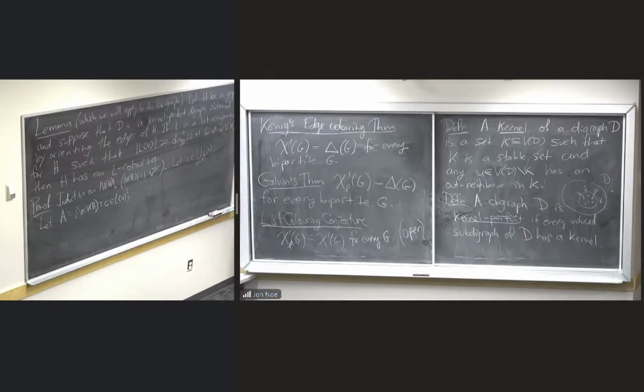Can anyone see what I might want to do? How would I identify a stable set in A that I should give the color C to? So I need to somehow use the assumptions of the lemma. Any thoughts?